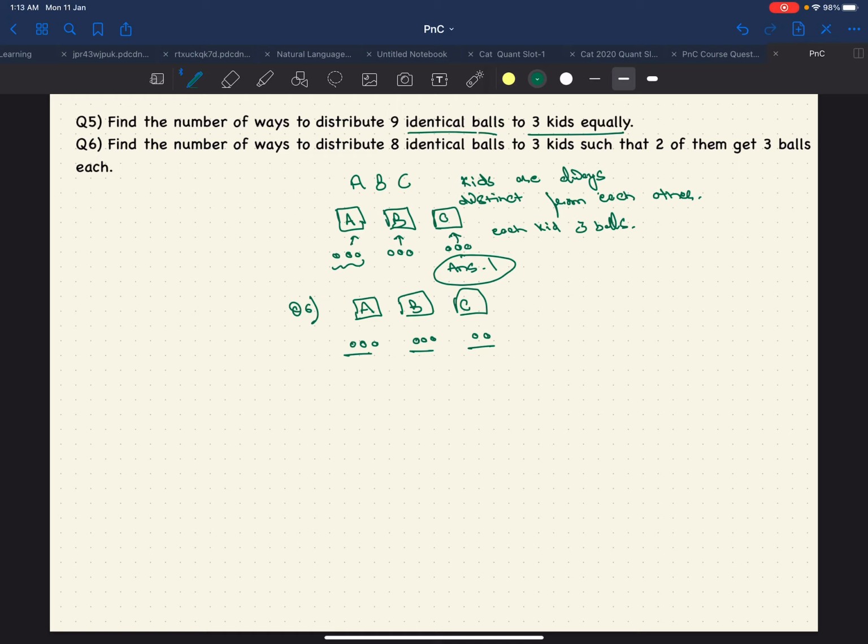Now the difference here from the previous question is that one of the kids here gets 2 balls and the rest 2 kids get 3 balls each.